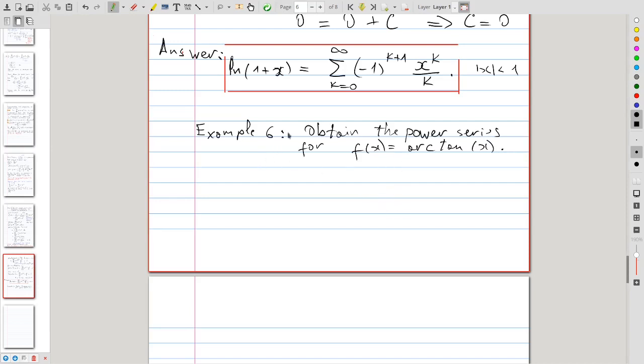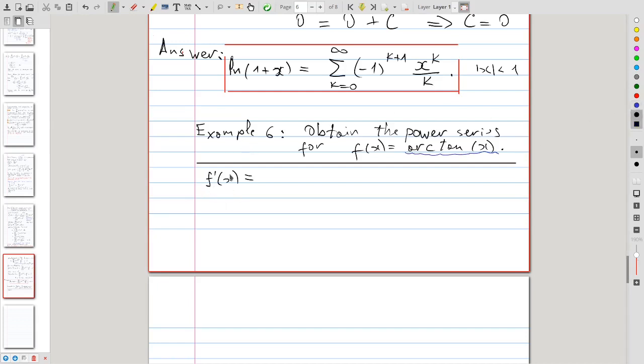Okay, so the plan we will follow here is similar to what we did in the previous example. We will start by computing f prime of x in the hope that f prime of x is a simple function and we can obtain its power series expansion using what we already know. Then we can just integrate term by term by using the theorem that we have for power series integration, and that will give us the power series representation of the arctangent itself.